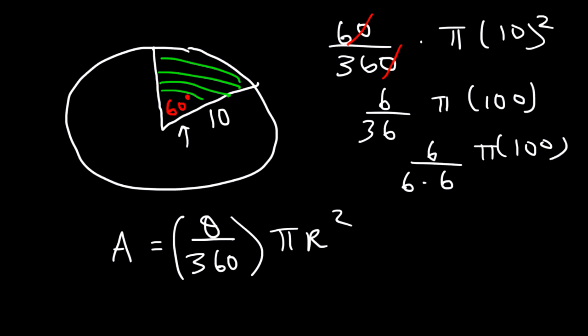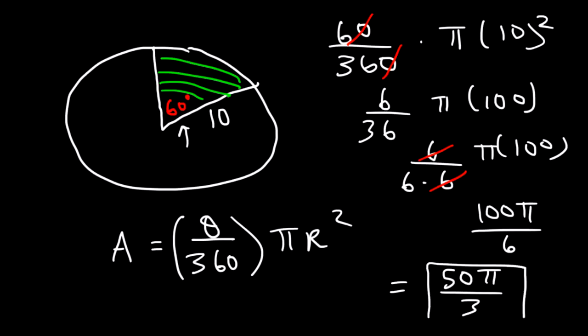So we can get rid of one of the 6 values. So we're left with 100 pi divided by 6. And we could reduce the fraction. If we divide both numbers by 2, half of 100 is 50, half of 6 is 3. So it's 50 pi divided by 3. So that's the area of the sector.